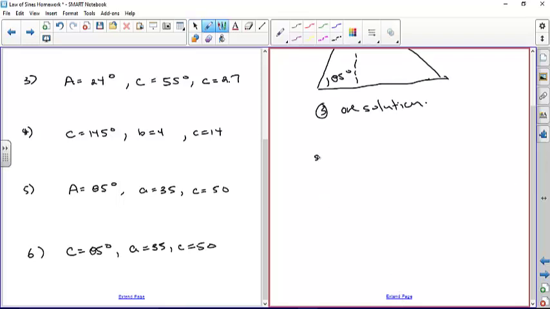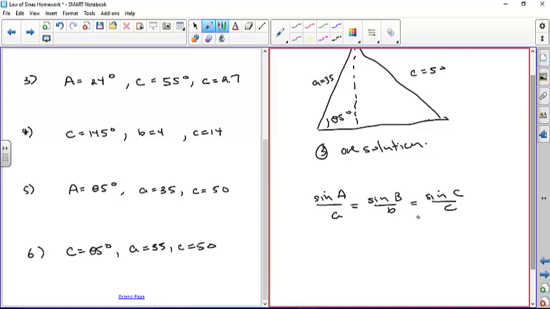So again, you'd have the sine of A over A equals the sine of B over B, equals the sine of C over C, and because I'm given one angle and two sides, I can't find the other two angles until I use the law of sines to find that. And you can see I have C, so I'm going to use these two parts and set those equal to each other.